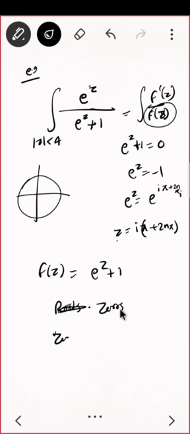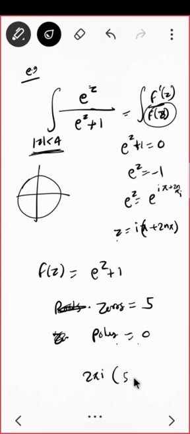Here you see that there are no poles. This is an analytic function, so the number of poles is 0. You have to calculate the number of zeros, all the zeros which lie in the contour, in the domain. Suppose in our case it is 5. Then your answer will be 2 pi i into (Z minus P), 5 minus 0. So the answer will be 10 pi i. That's it. Is that clear?